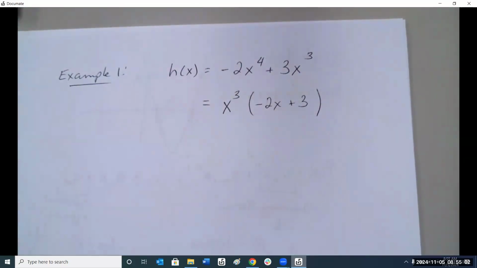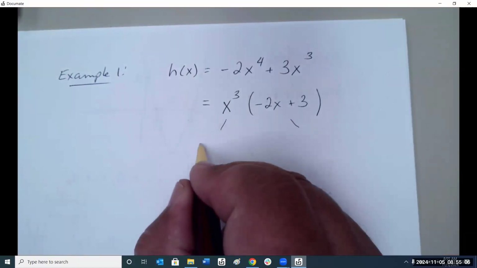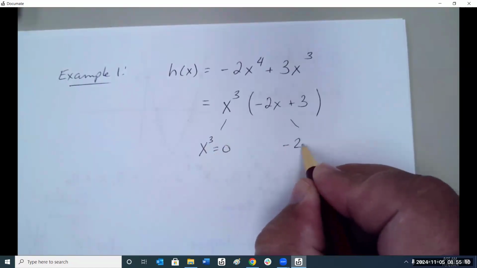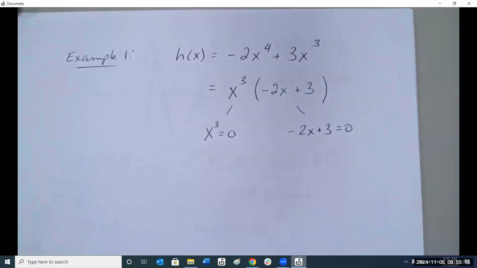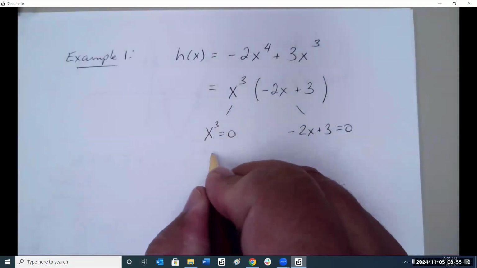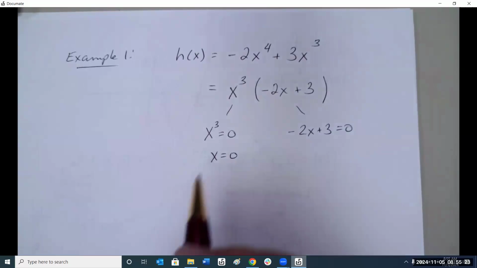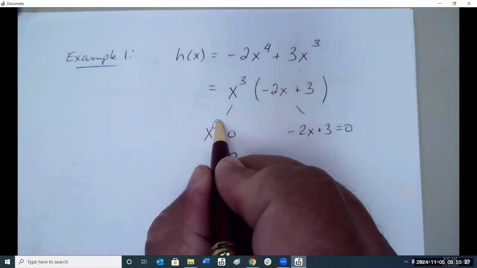I just factor that out. So now what do I do? Now I take both of these and set them equal to 0. This will tell me the x-intercepts. So in the first one, to solve for x, I have to get rid of that cubed.